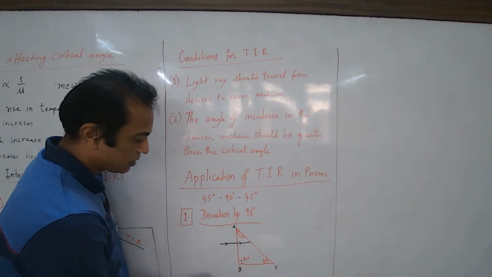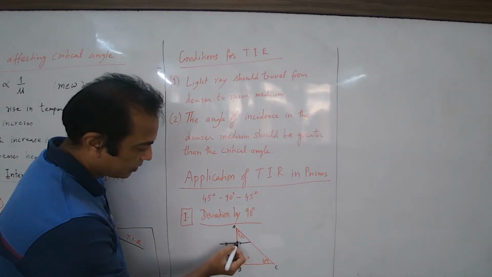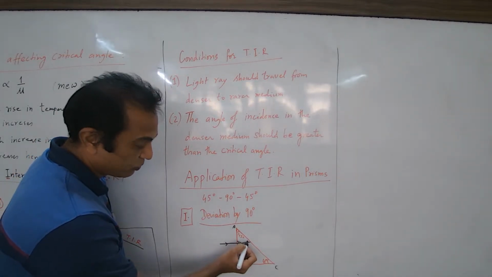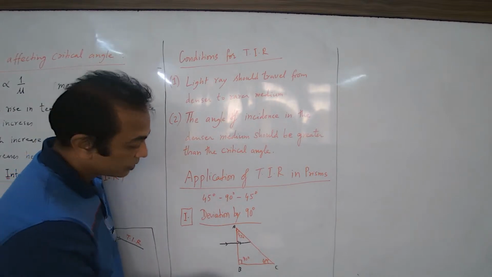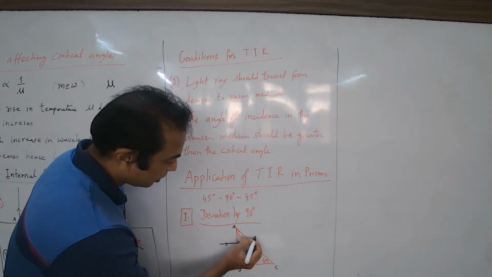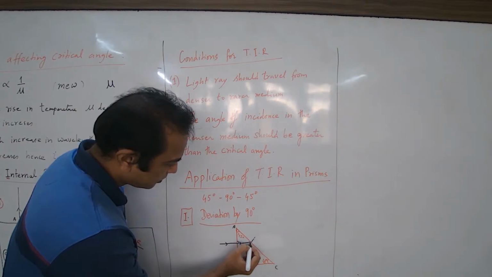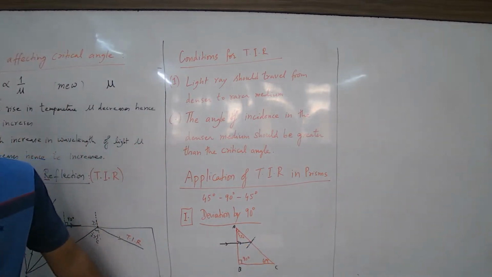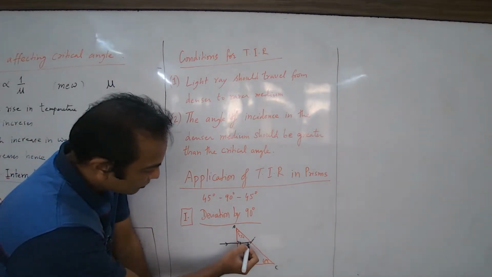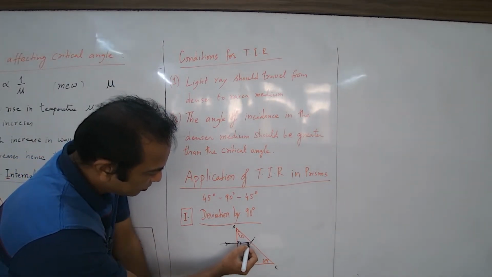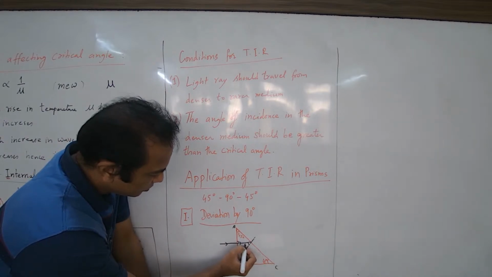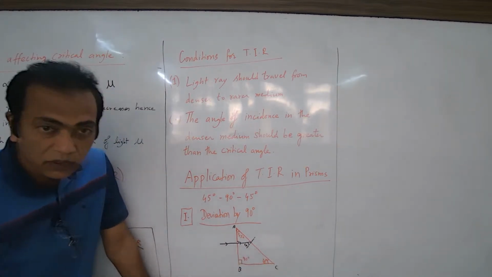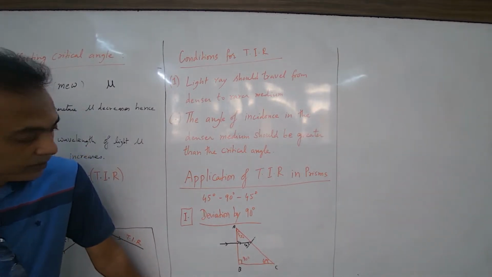This is 90, this should be 45. Now when you draw the normal, if this is 45, this full thing is 90, so this should be 45. So the angle of incidence is 45.